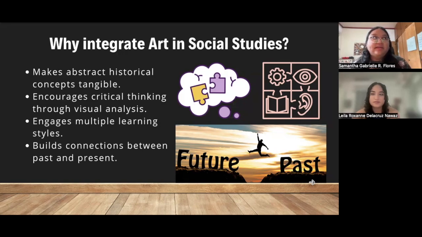We could go back to the Renaissance period. A lot of the paintings there were very abstract, and it gets students' and our minds thinking critically, like, why would the artist do this? And we engage multiple learning styles, and it builds connections between the past and the present.